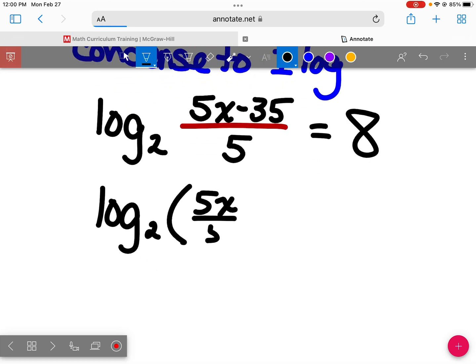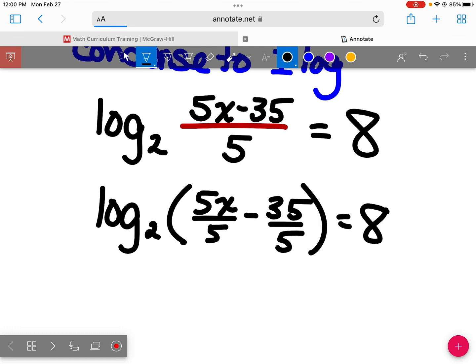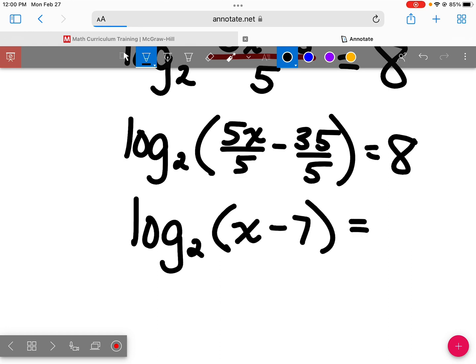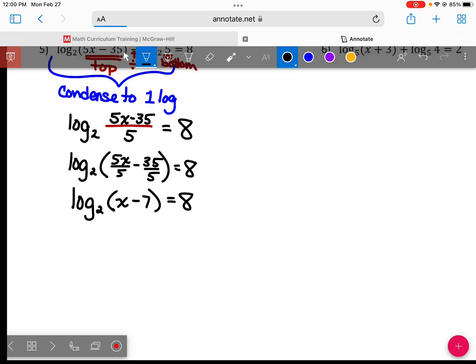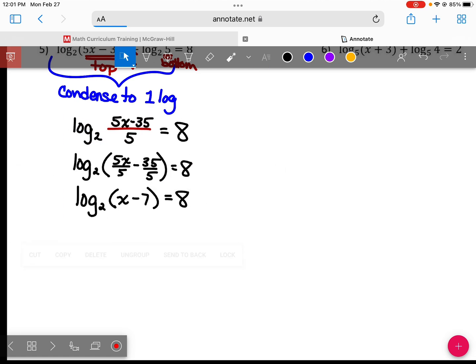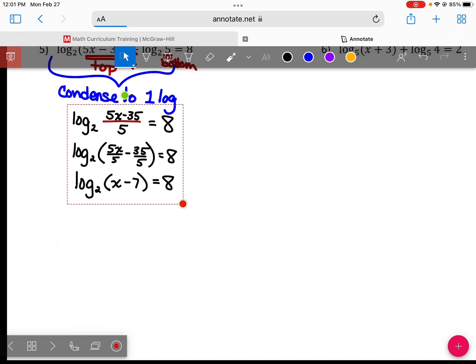Yes, because I do 5x over 5. You do it to both of them. We have to distribute with our division just like we distribute with multiplication. So this would be log base 2 of x minus 7. So far, so good? All right. We've used our properties of condensing to get this written as just 1 log.